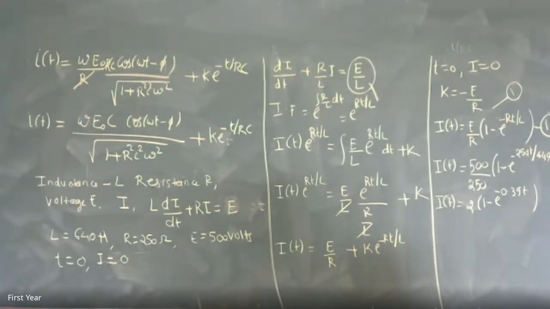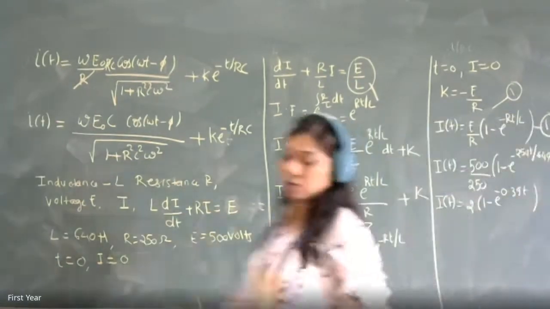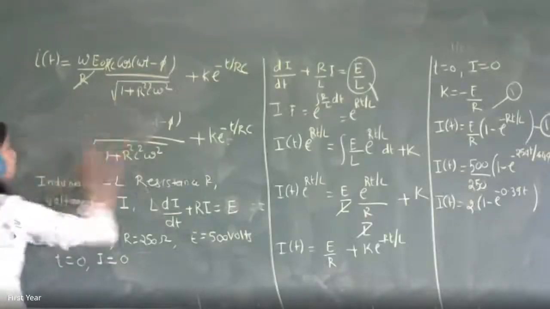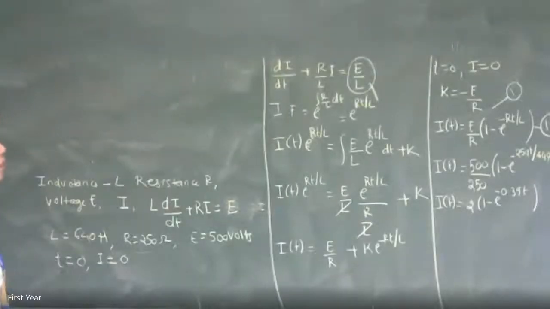Okay, what is asked in the question? Is the current flowing through the circuit asked? No, ma'am. What is asked? Time required for 90% of maximum current. Yes. So what you have to do first of all is find the maximum current. We have done this in yesterday's class. What is the maximum current which is flowing through the circuit?